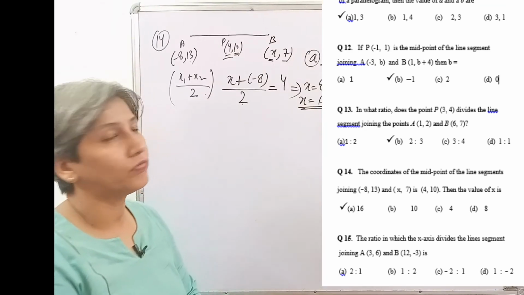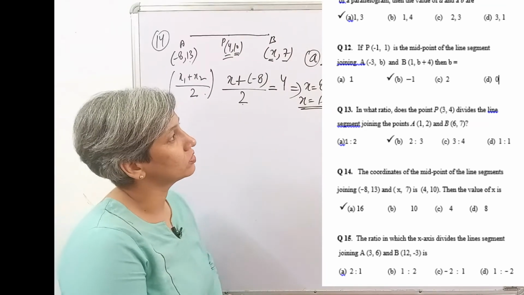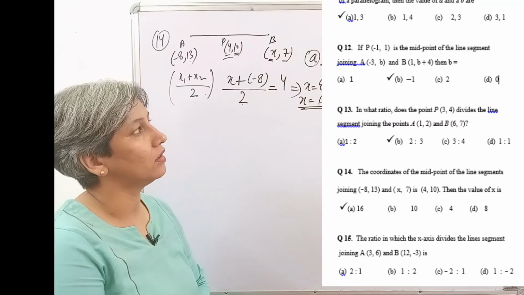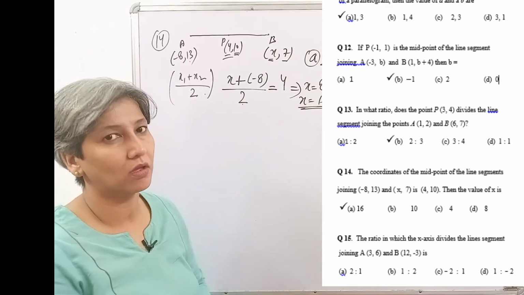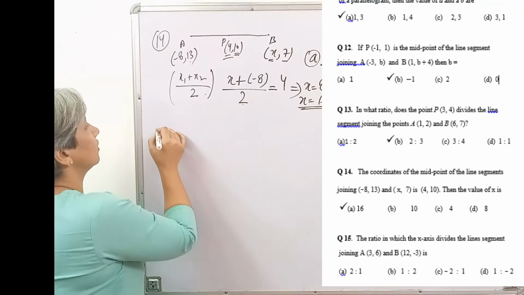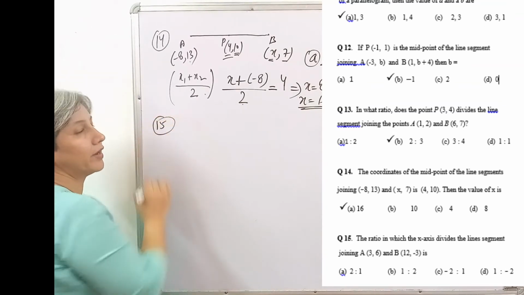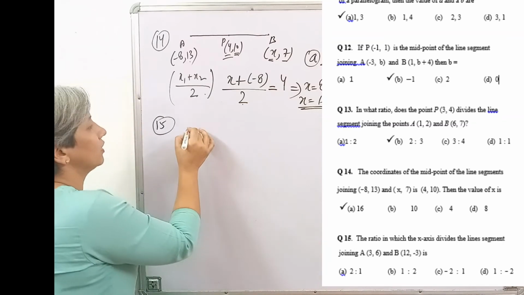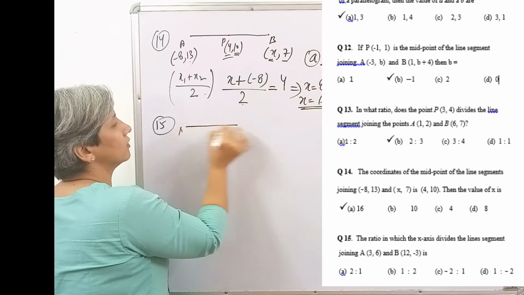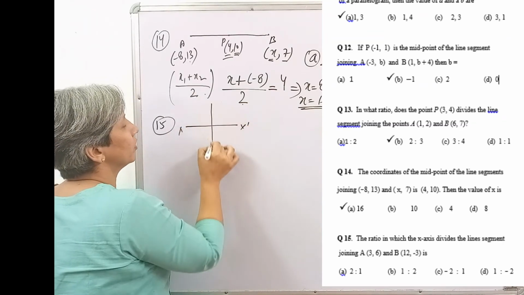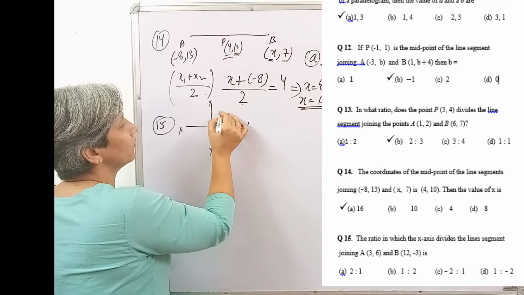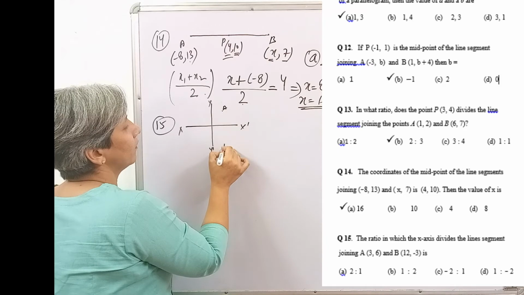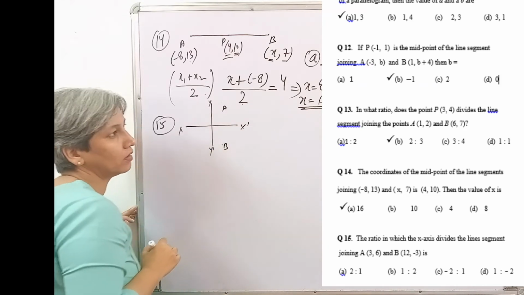Question 15 says: the ratio in which the x-axis divides the line segment joining A and B is... So this time my x-axis is dividing AB. That means this is my x-axis, this is my y-axis, and somewhere we have A and B, right?